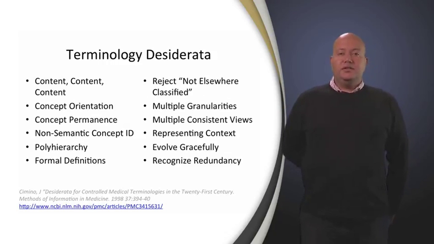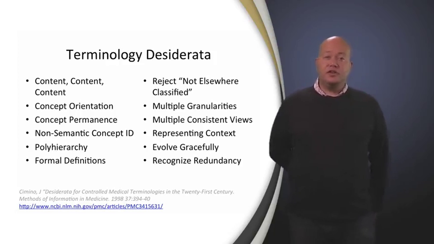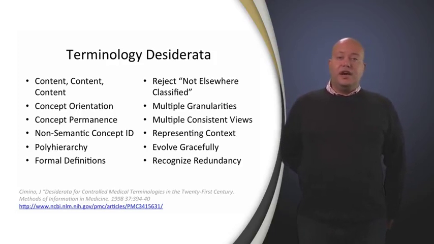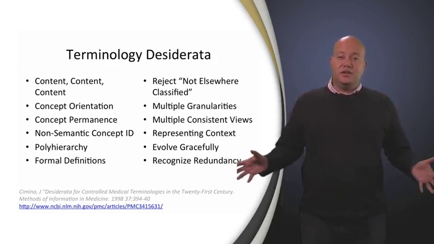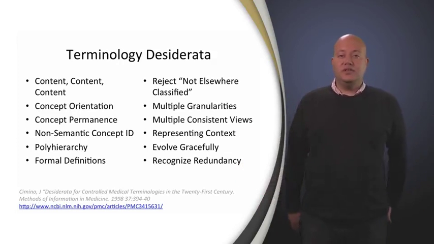When learning about controlled medical terminologies, it's always good to reference the Desiderata for Controlled Medical Terminologies article by Jim Cimino. It makes a good case for the following desirable attributes needed in controlled medical terminologies. First, content. Adequate expressiveness is critical. You need concepts that cover the entire meanings that you are trying to cover in this domain.